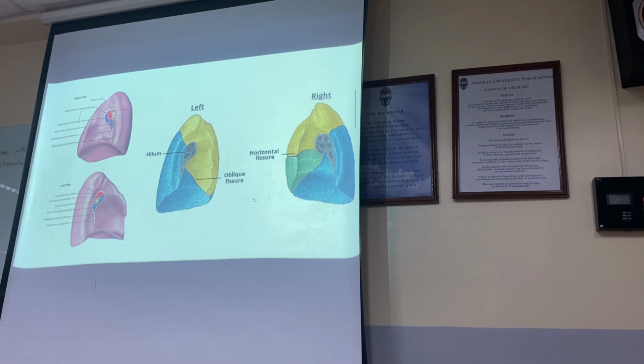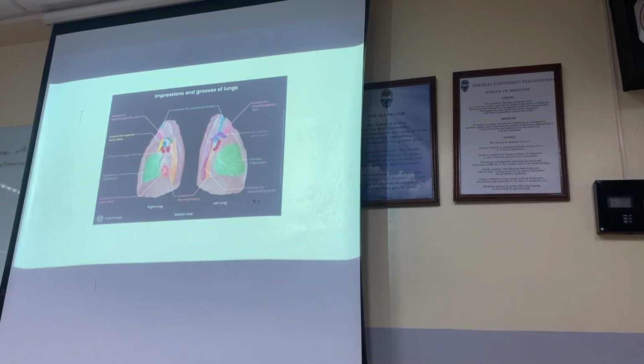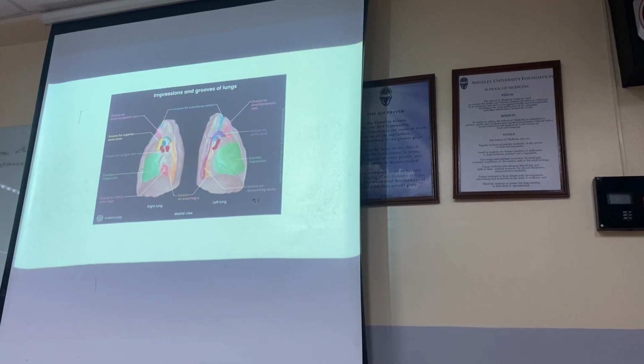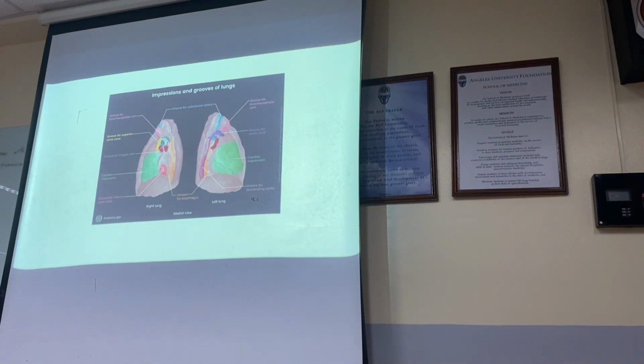Let us apply this. Impressions. Okay? There are so many structures that create impressions on a lung. For example, the heart. Just choose among the three: the impression of the heart in green, the impression of the descending aorta, or the impression of the esophagus.